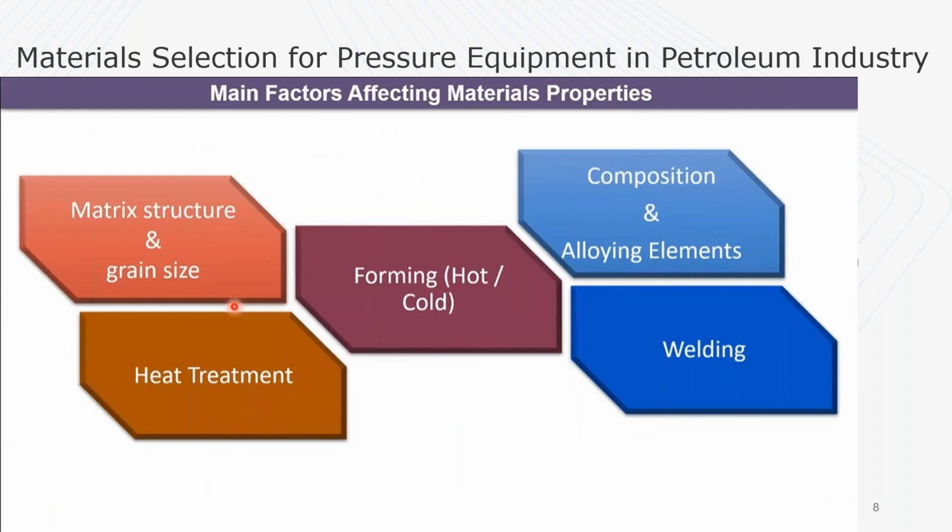But basically, if this material you choose, it's fine. But what about the different heat treated forms of this material? Different forms of this material give you different physical and mechanical properties.